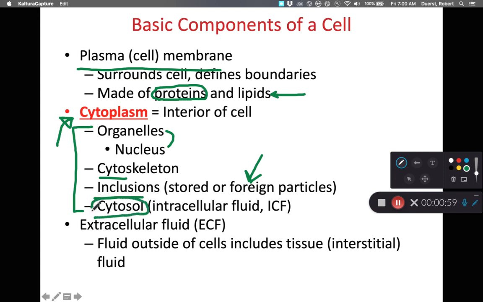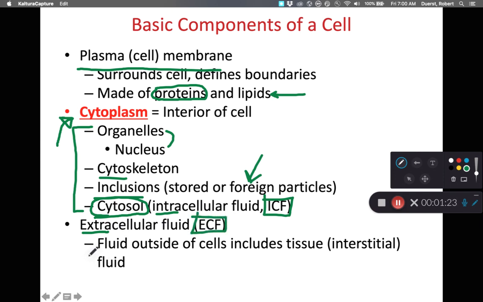The cytosol is the liquid floating around on the inside of the cell, also known as the intracellular fluid, abbreviated ICF in this course. Outside of the cell, on the external side of the cell membrane, we have extracellular fluid, known as ECF.